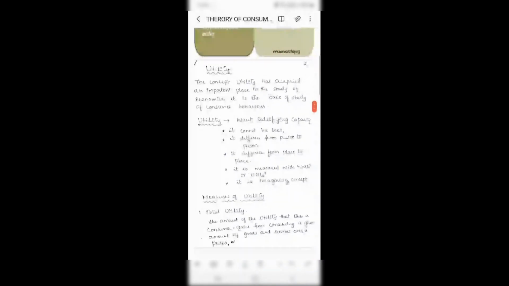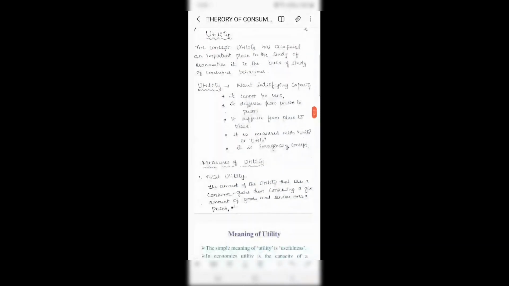Coming to the next topic, utility. The concept of utility has occupied an important place in the study of economics. It is the basis of the study of consumer behavior. Utility is nothing but the want-satisfying capacity. It is an imaginary concept.